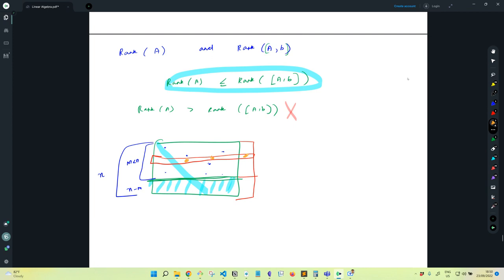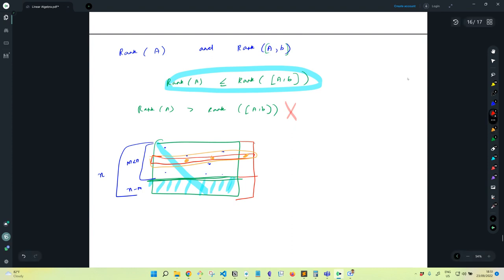Even if you append a zero here, it is not going to affect the rank of A comma B. This row in A comma B will also be non-zero because there is at least one entry in the A part of this row that is non-zero. Is the argument clear?